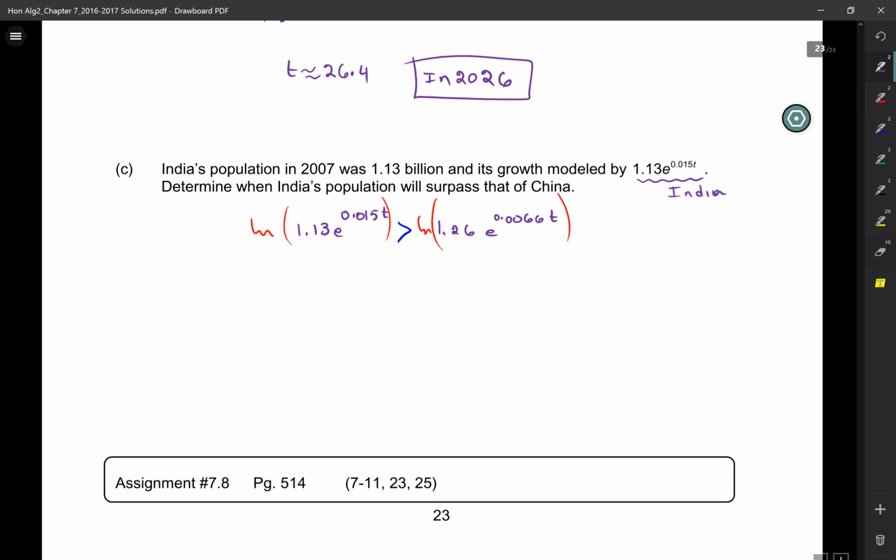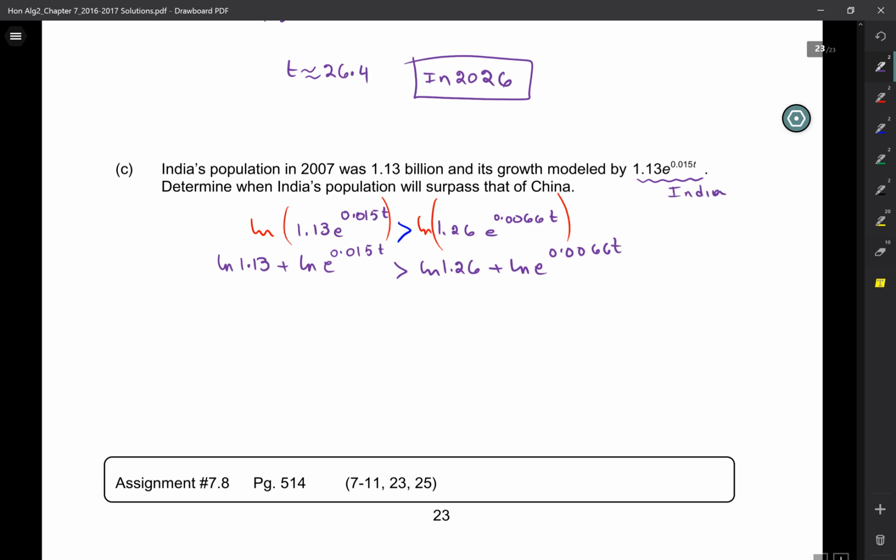When I do that, I have ln of something times something, so I need to expand. It'll be ln of 1.13 plus ln of e to the 0.015 t, greater than ln of 1.26 plus ln of e to the 0.0066 t.